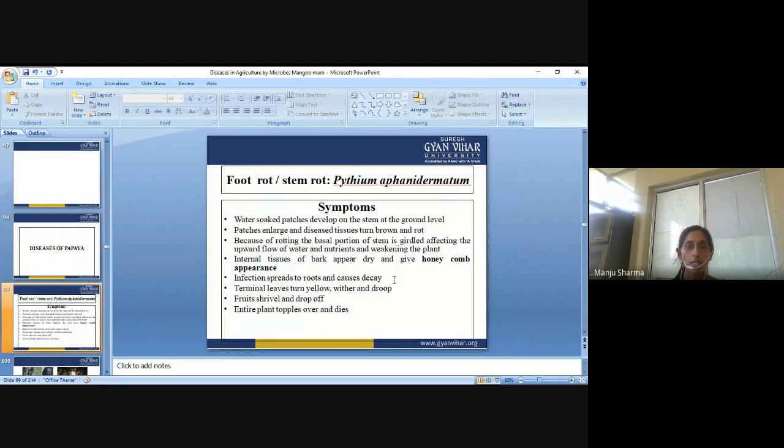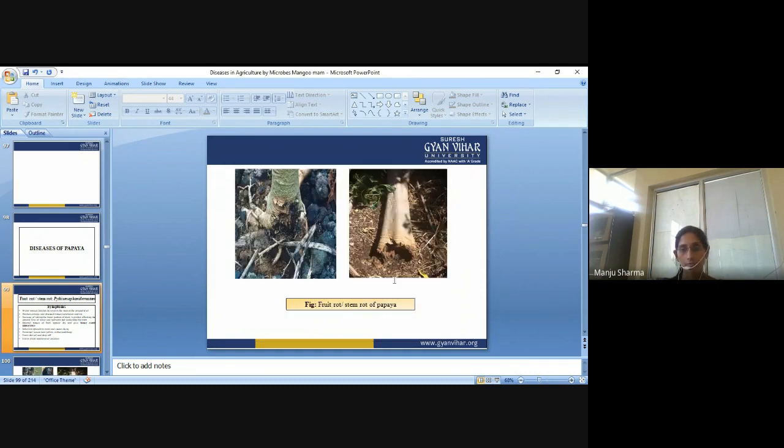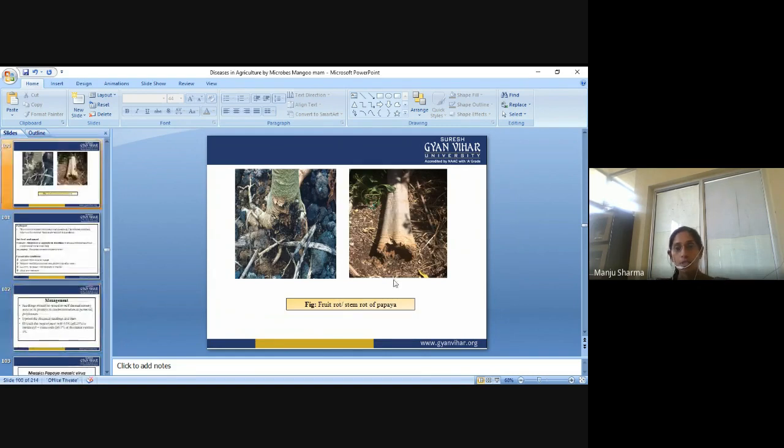Then the terminal leaves turn yellow, wither, and droop. Fruits shrivel and drop off. Then the entire plant topples over and dies. So these are the symptoms of foot rot, stem rot of papaya.